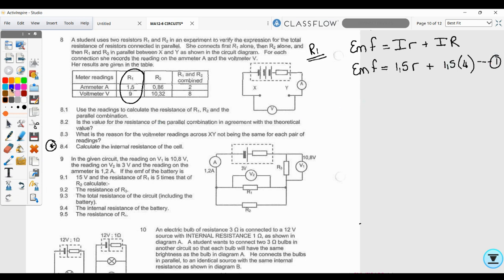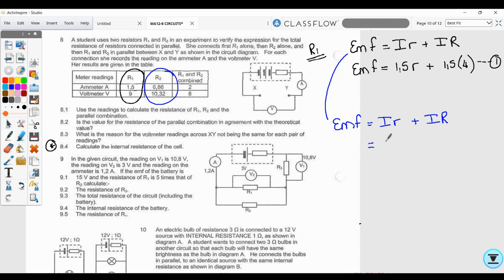Then you go and do it again for the second one. You do the same thing and say EMF is equal to I little r plus I big R. EMF is constant, remember, so this EMF and this EMF are the same.